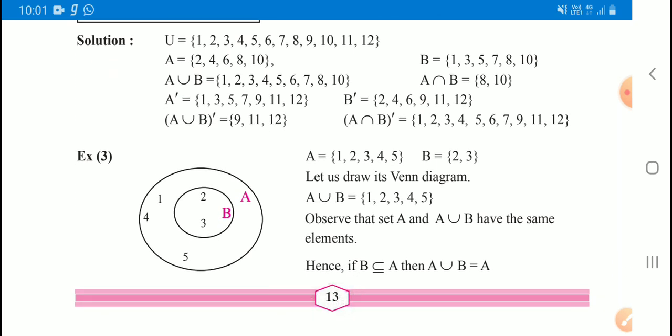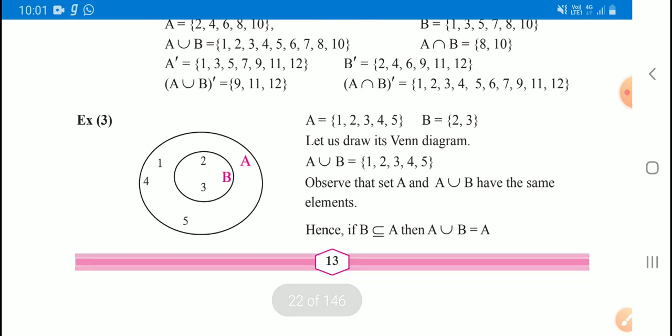Same way, they have given example 3, that is A is equal to 1, 2, 3, 4, 5, B is equal to 2, 3. They have given the Venn diagram of this figure. Now here A union B means the elements from both the sets. So these are 1, 2, 3, 4, 5.